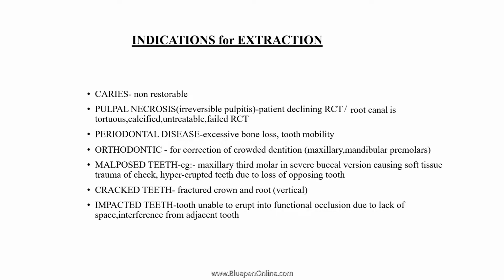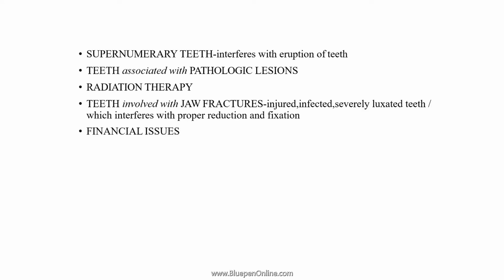Now impacted teeth, okay, we will deal with impaction later as a separate topic, but still, what's an impaction? What's an impacted tooth? It's a tooth which is unable to erupt into the functional occlusion. Might be because of the lack of space. It can be because of interference from the adjacent teeth. Either of these reasons. Then supernumerary teeth, which actually interfere with the eruption of teeth. In these cases, you can go for an extraction.